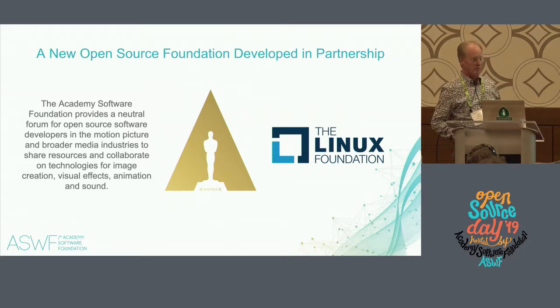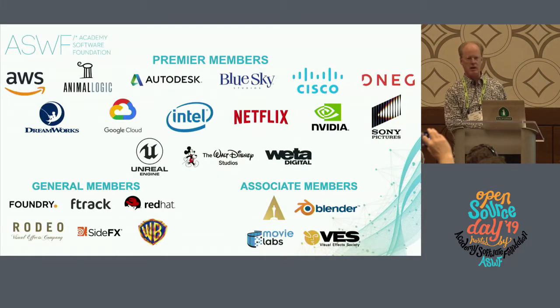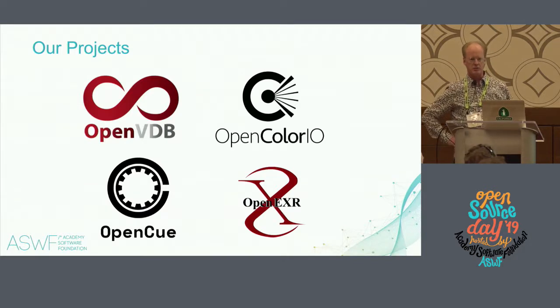For anyone who's not familiar, the Software Foundation was founded a year ago with the mission of ensuring the health of the open source software that we depend on in the industry. There's a lot of organizations that have put their support behind the foundation. Where all of this rubber hits the road is the actual projects.